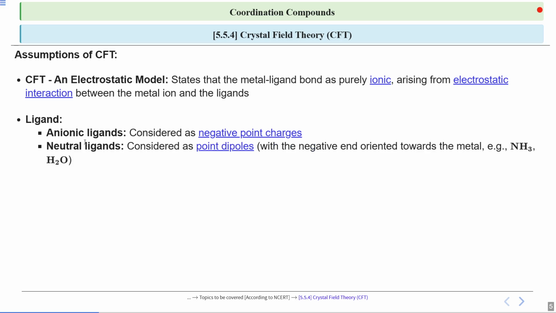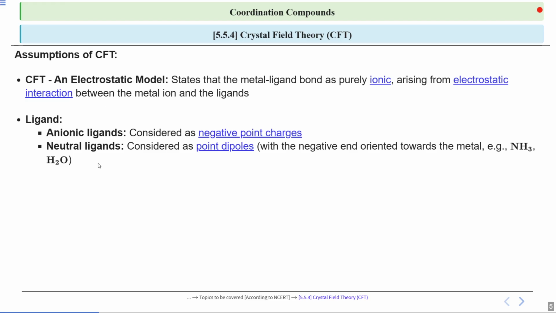Second, the ligand can be a neutral ligand, which is considered as a point dipole with the negative end oriented towards the metal. Neutral means having no charge, so it is considered as a point dipole, and its negative end is oriented towards the metal ion in the structure. For example, ammonia and water molecule. Ammonia is a neutral ligand, it doesn't have any charge.